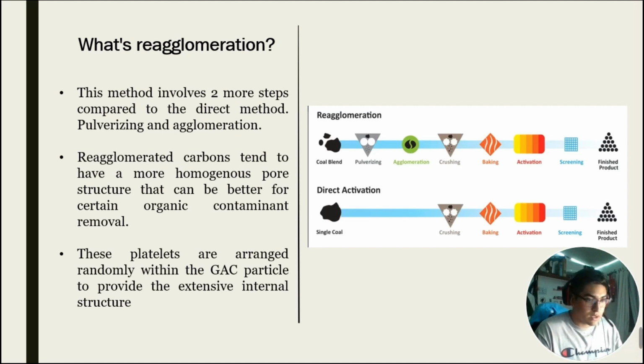What does it mean? That the granular activated carbon is like 1000 times better than the simple activated carbon, only by these two more steps that are involved in the process.